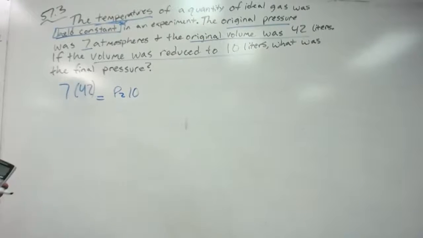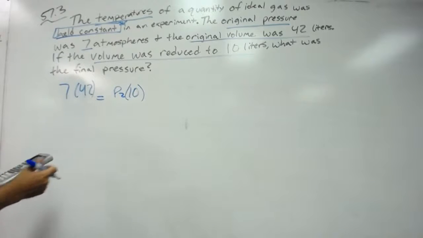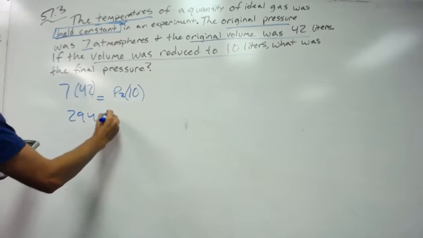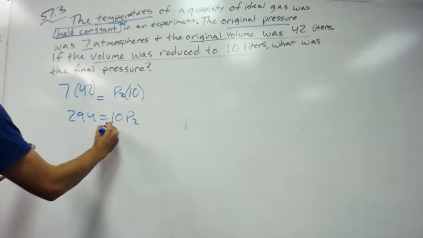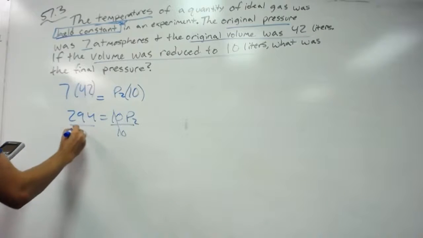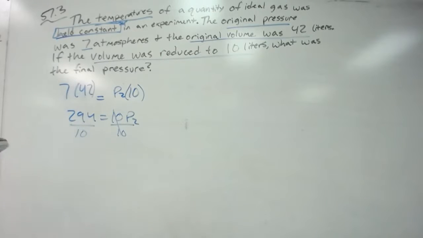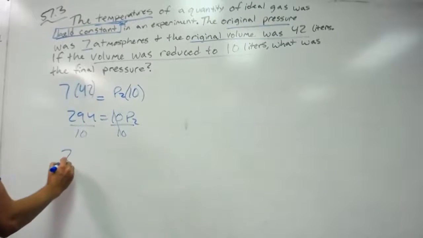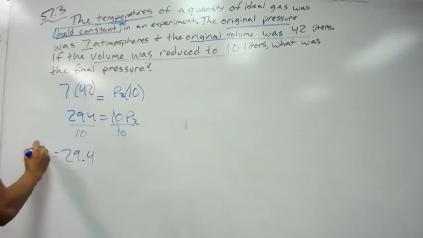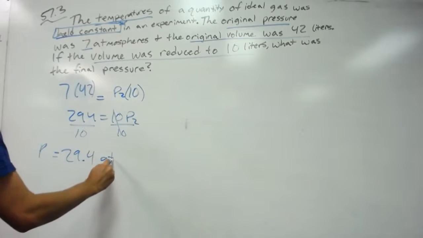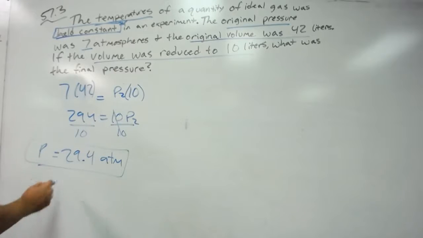So we do 7 times 42, 294 equals 10 P2, divide by 10, yeah, that's right. And we would get 29.4 for our pressure. And our pressure unit was atmospheres, which can be abbreviated ATM. That's how you do ideal gas laws. Easy as that.